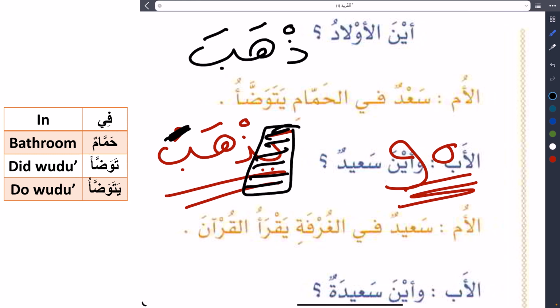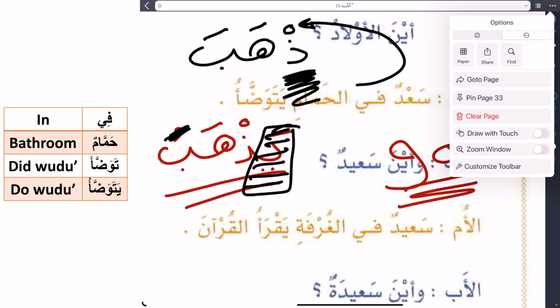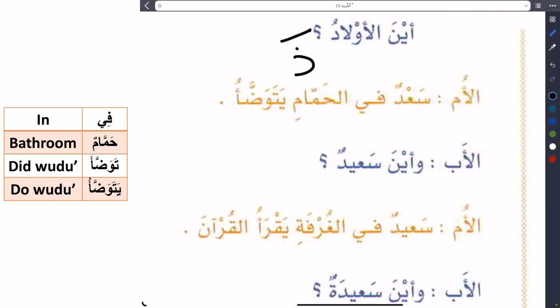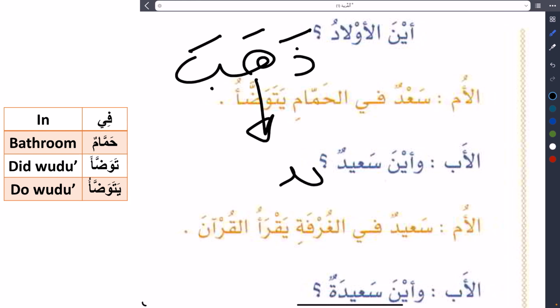But there is a problem here. In Arabic, it is not allowed to start with sukoon. So, put fatha. Let's write it here. Dha, ha, ba. This is the past from the verb يذهب.